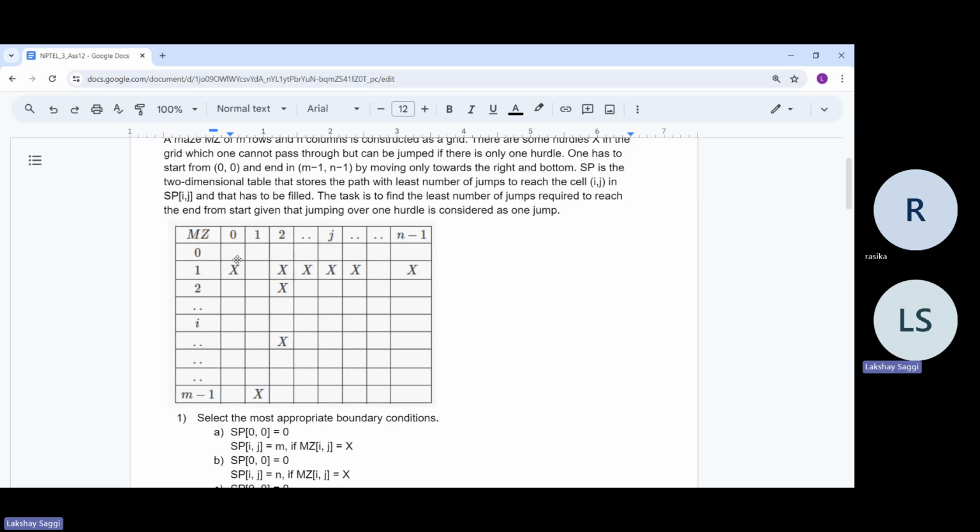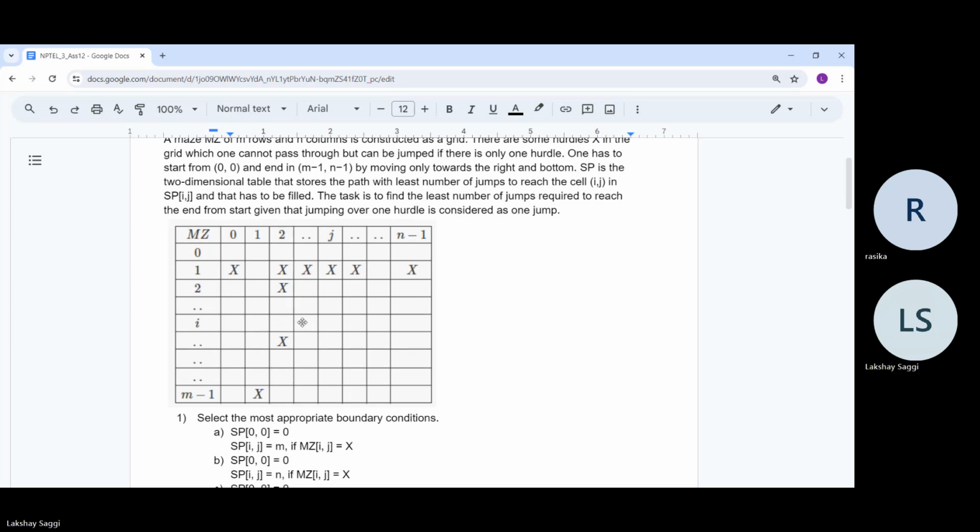So how are we aiming to fill up this table? Whenever computing the value for some cell i comma j, what we would actually want is to have the values to the left of it and above it. So all the values above this cell and all the values left of this cell, we would need to pre-compute.